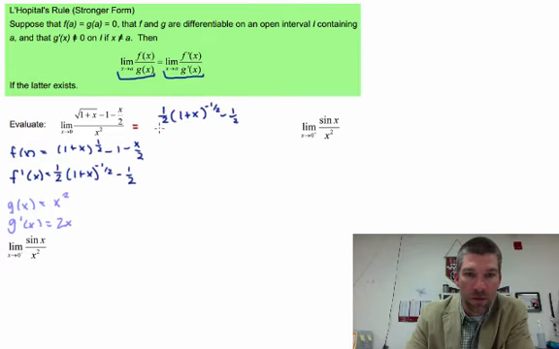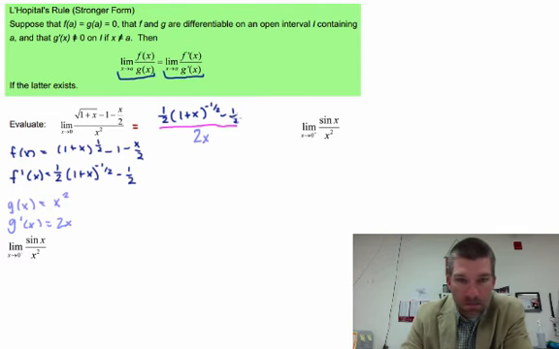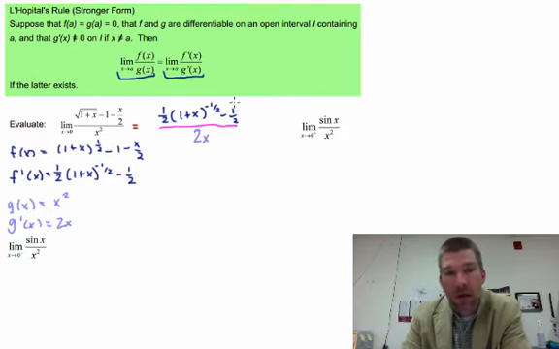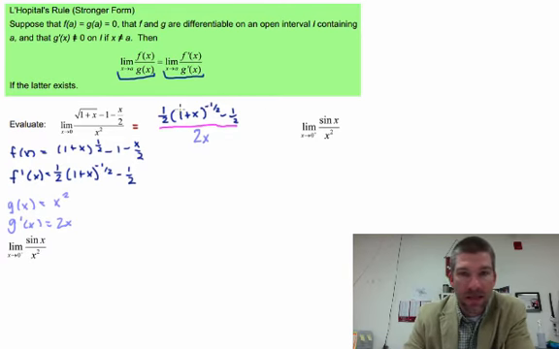And that's going to be over g prime, and that is 2x. So when I put 0 in for all of these, you'll notice that, remember, this is 1 plus x to the negative 1/2, okay? So that's in the denominator.